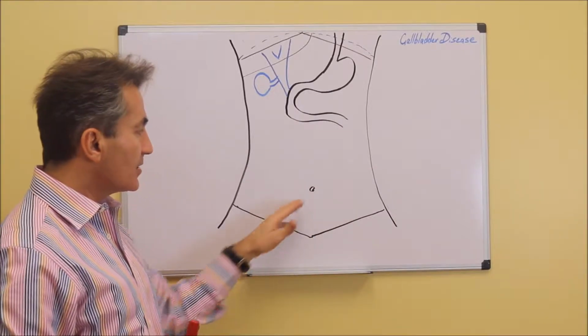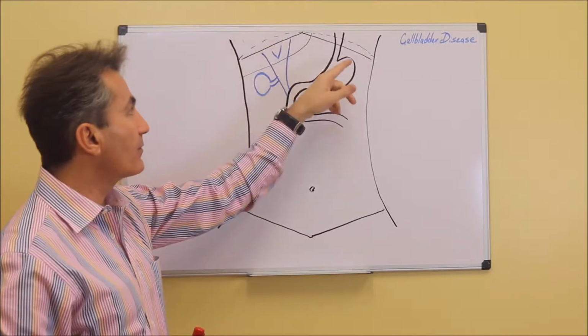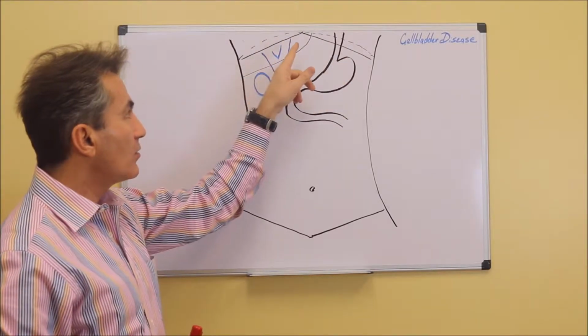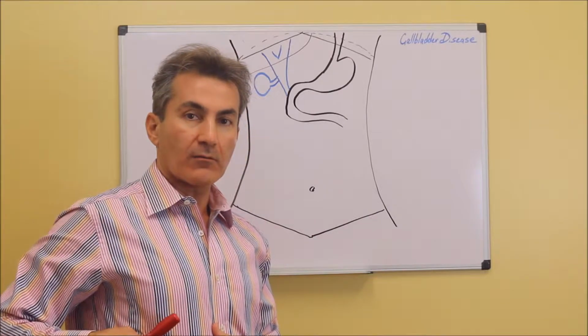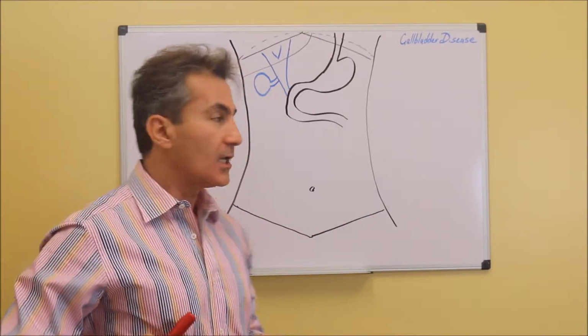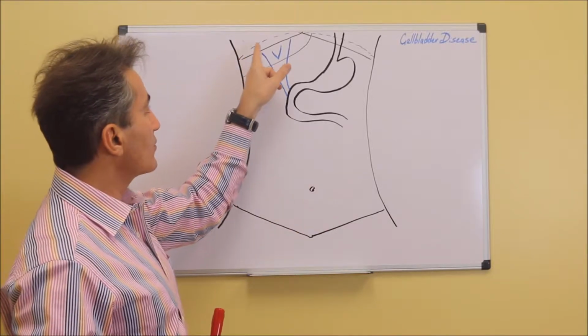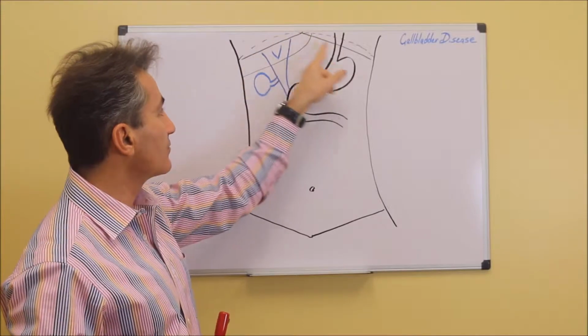This is the groin region, the umbilicus, and the chest is on the top, and this is the rib cage. So our liver is located right in the upper abdomen, which is actually protected mostly by our rib cage. And as you can see, I drew the little diaphragm right here. That's the diaphragm, and that's the rib cage in that region.